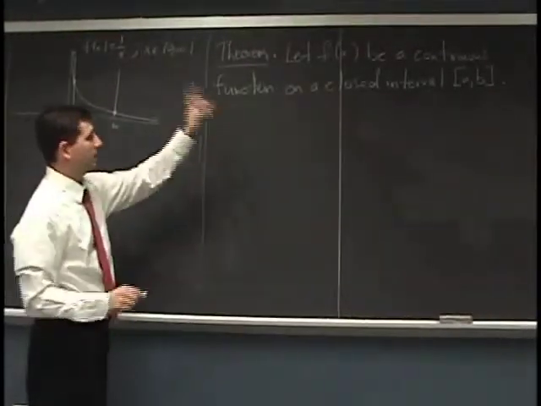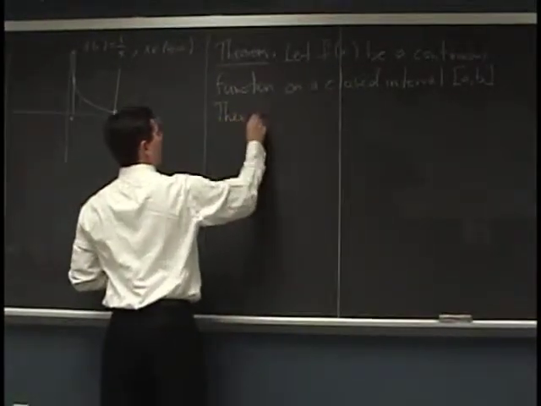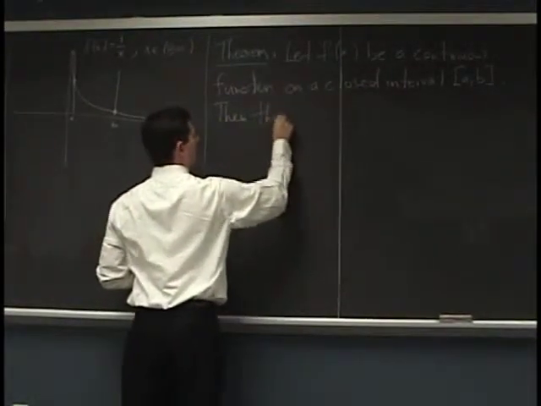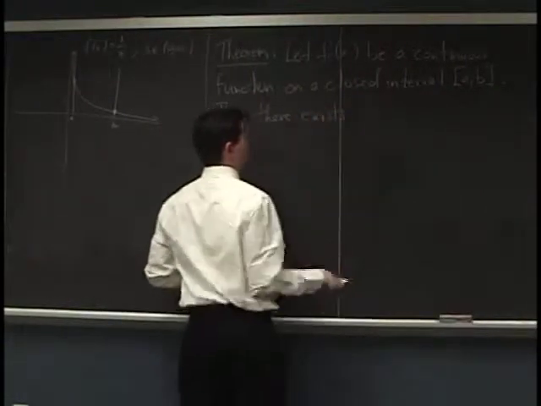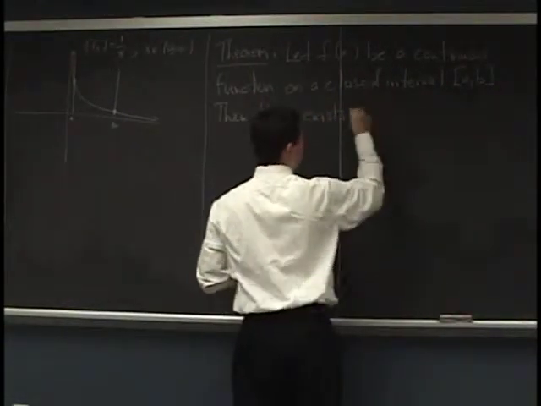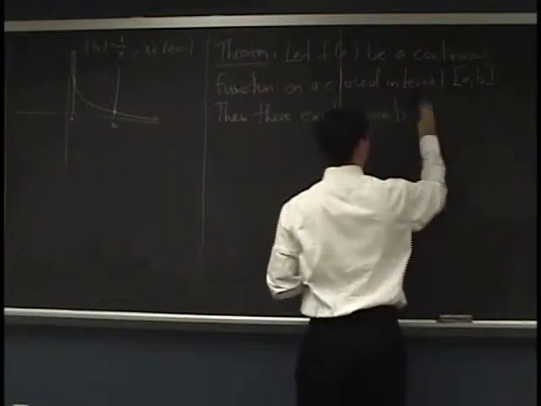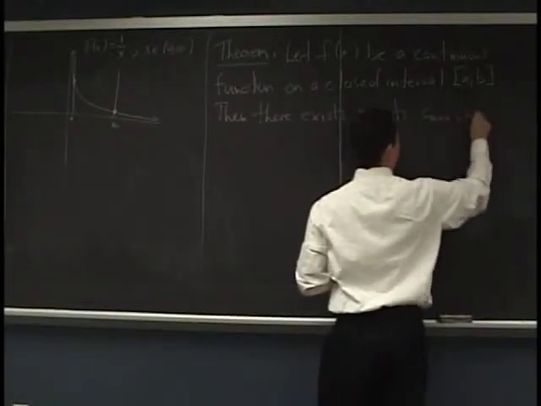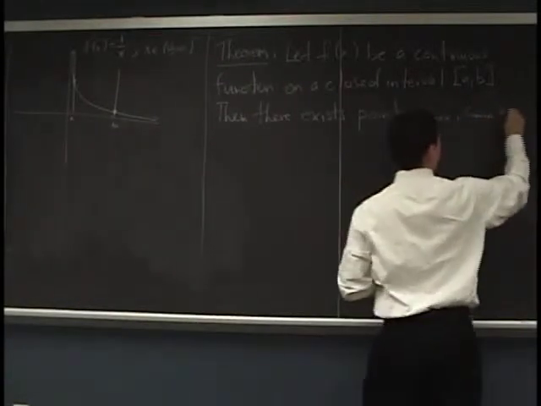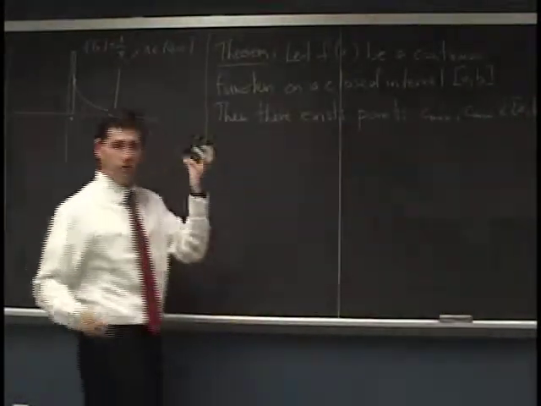So, if we have a continuous function on a closed interval AB, then there exist, let's say, points C max and C min in this interval AB. Okay, so two different real numbers.